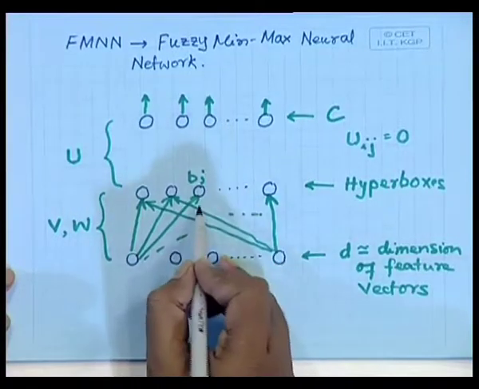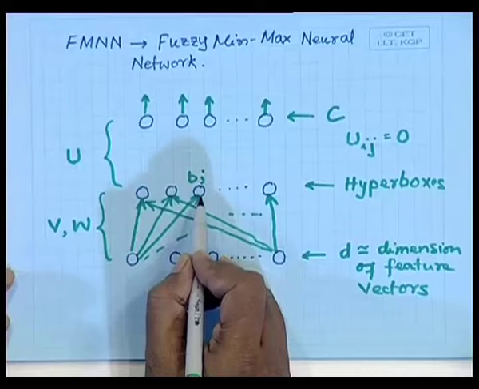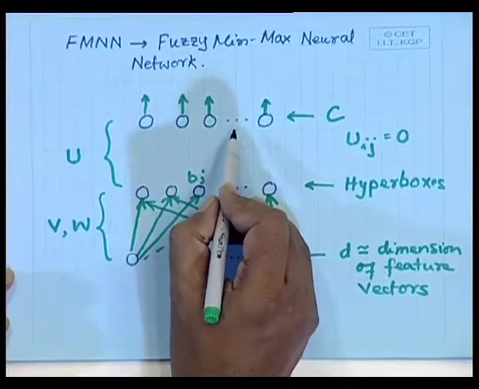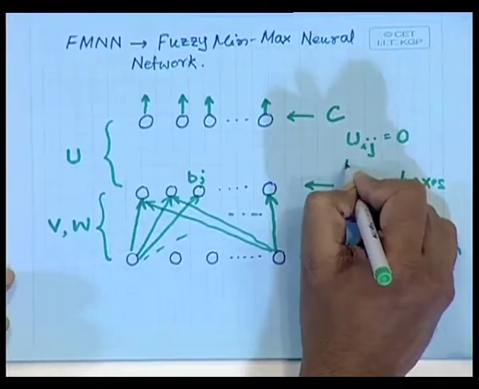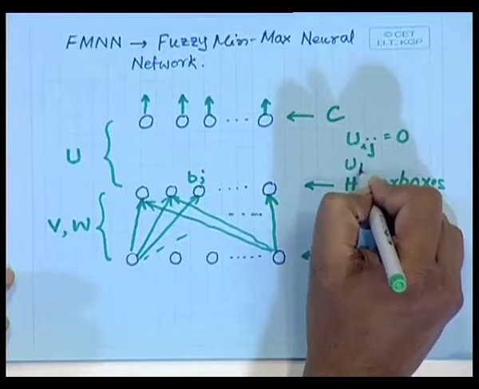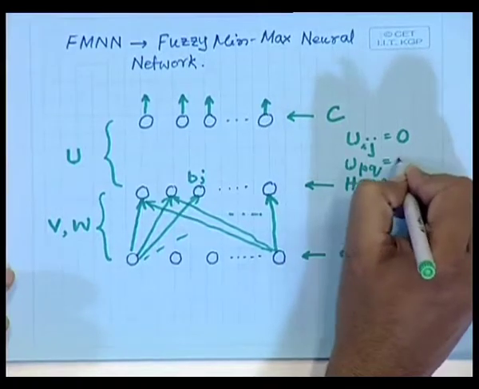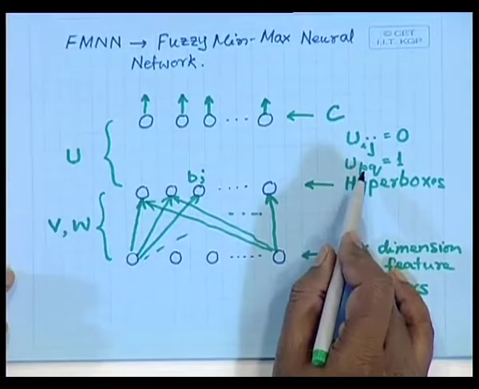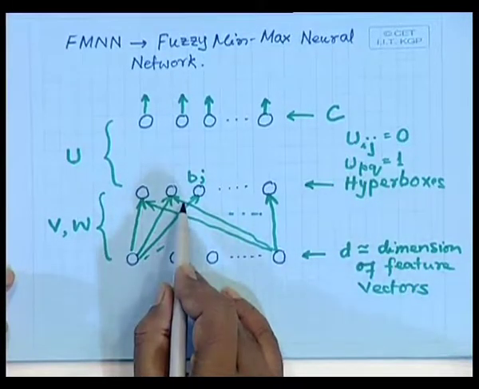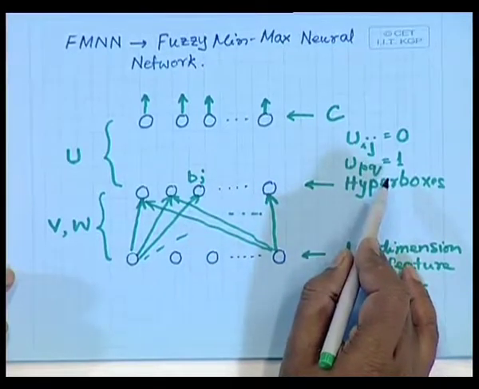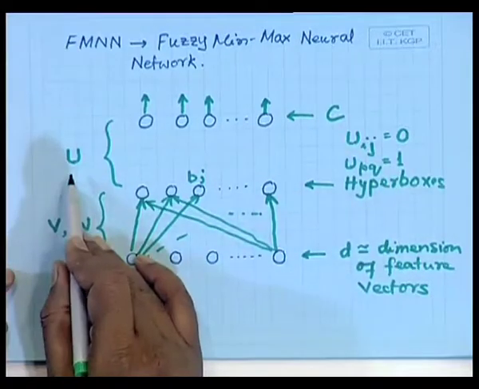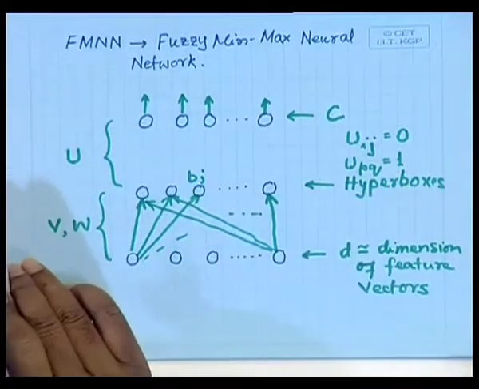That means the corresponding hyperbox, the ith hyperbox, does not belong to that class C j. Okay. Whereas if U p q is equal to 1, that indicates the pth hyperbox in the hidden layer belongs to the qth class, okay, and the corresponding element in the matrix U will be set to 1.